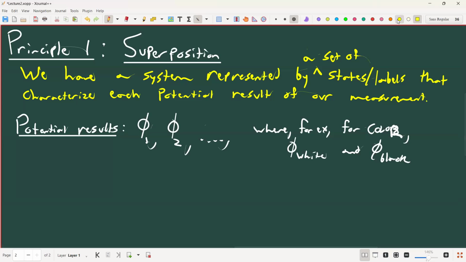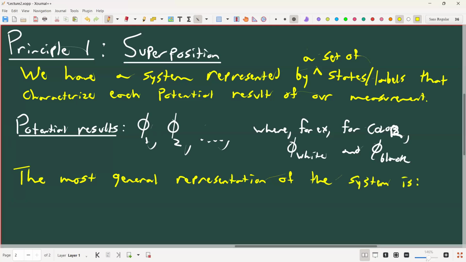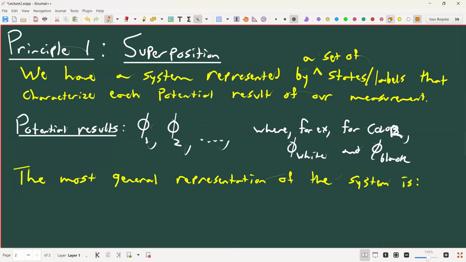We can show always that the most general solution to the problem, the most general representation of the system, is the sum of all, or the difference of all the possible results. All right, so the electron in this case, we represent as what we call psi.